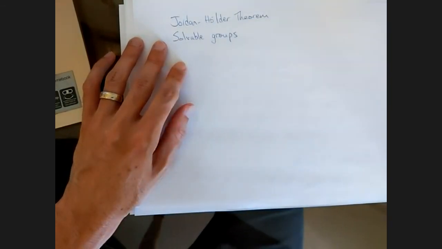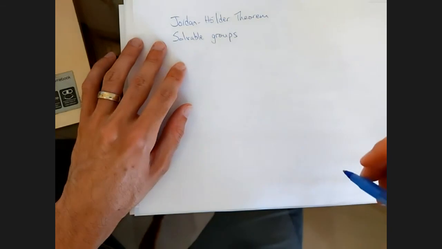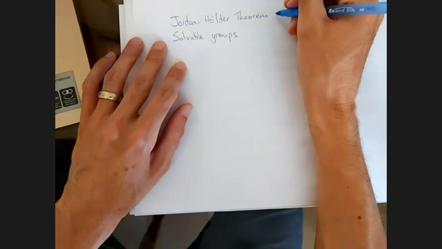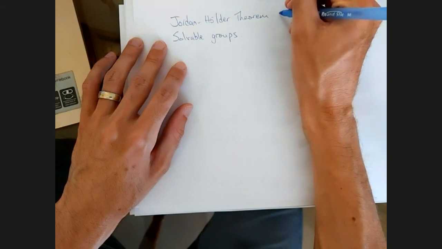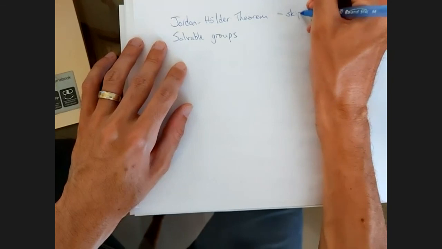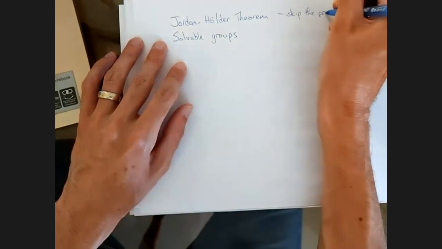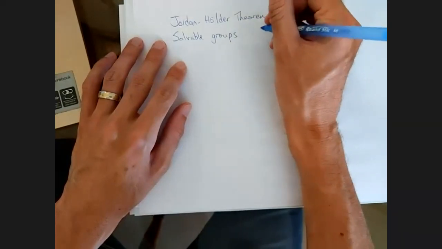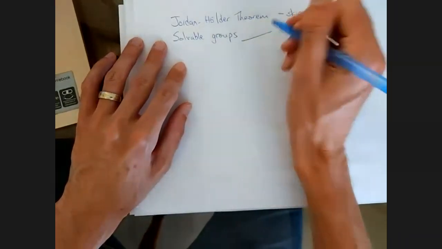Just for time, we're still going to state the basic properties of the Jordan-Hölder theorem and everything, but we're not going to prove it. So for time reasons, we're going to skip the proof of this. And then we'll get to do all the things on solvable groups, and that's the end of group theory.